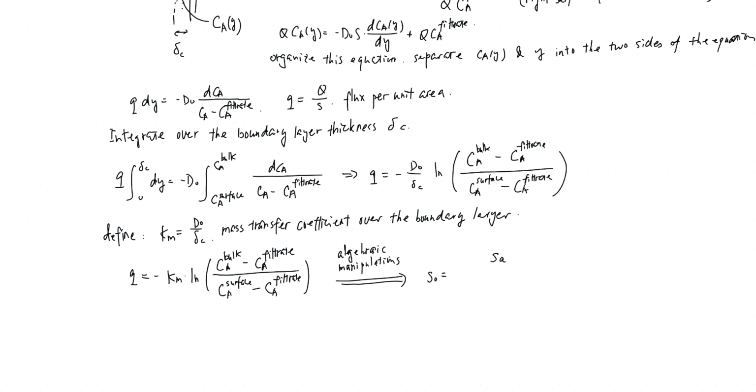So you have So expressed as a function of Sa, with exponent minus Q divided by Km.